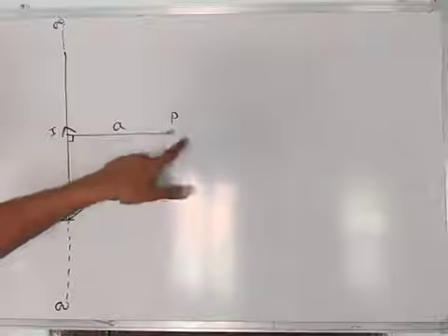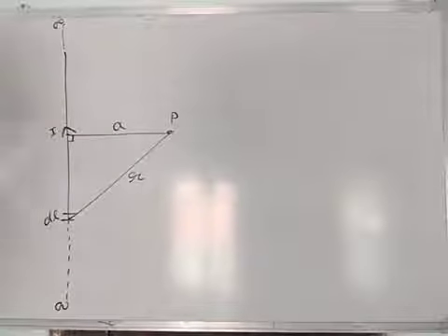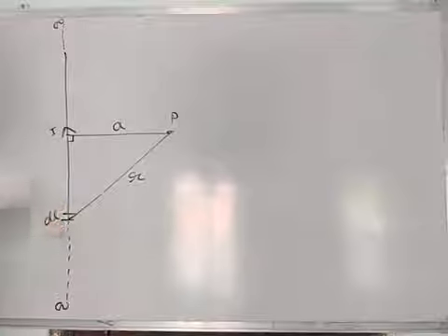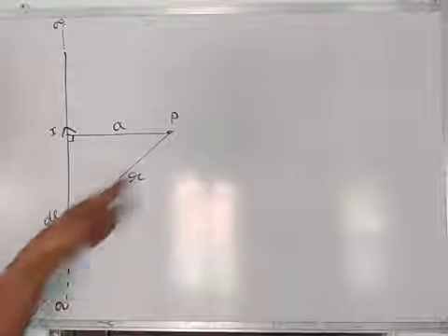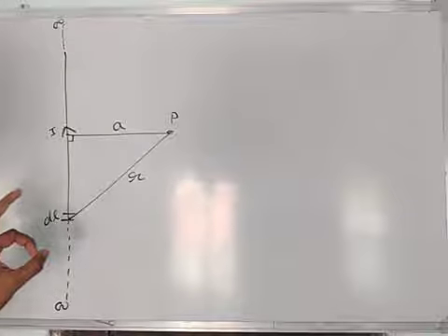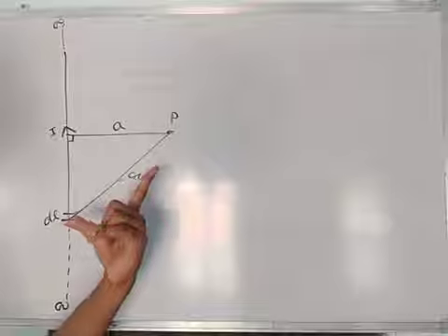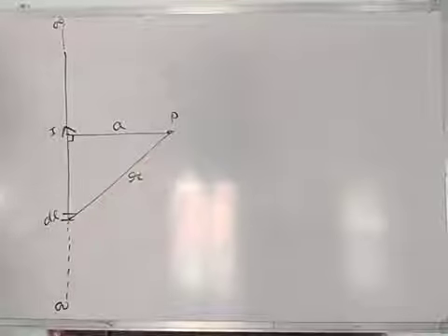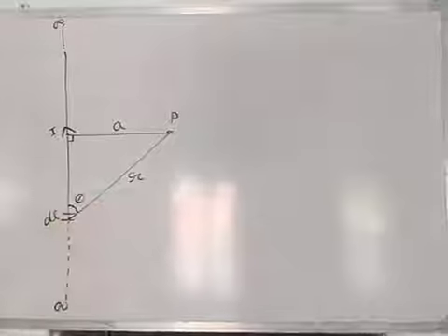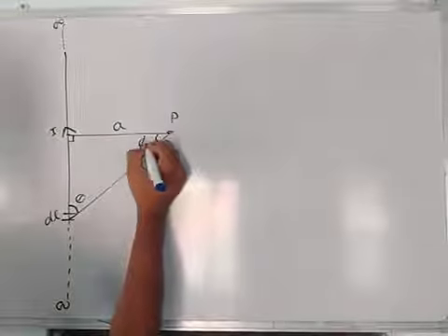The point P is at a perpendicular distance from this conductor, and we are considering a small current element dl which is at distance r from this point P, because in the formula of the Biot-Savart law we are using r. Hence for simplicity I am using this r. Suppose this angle is theta, and I will use another angle phi.